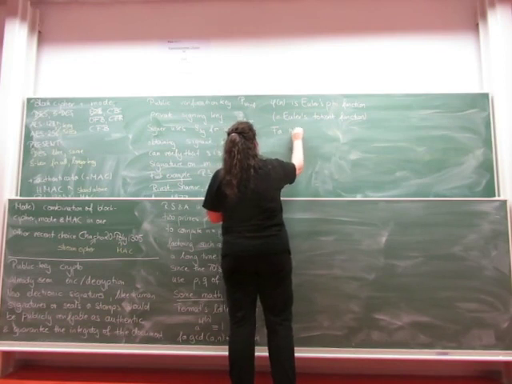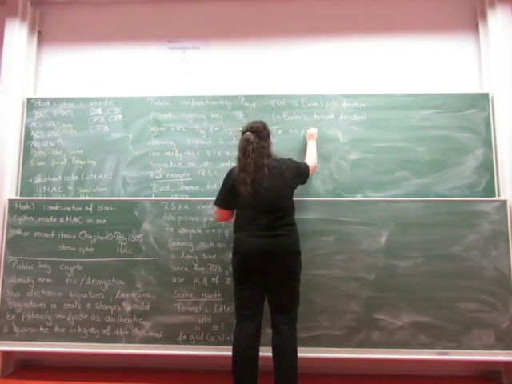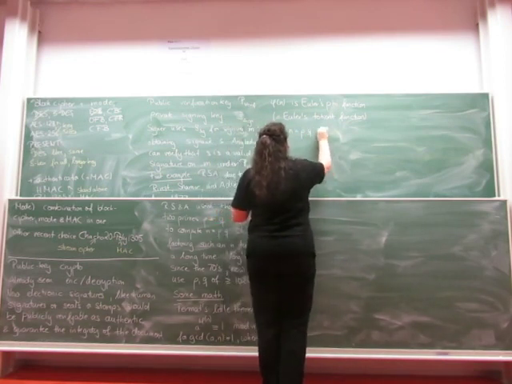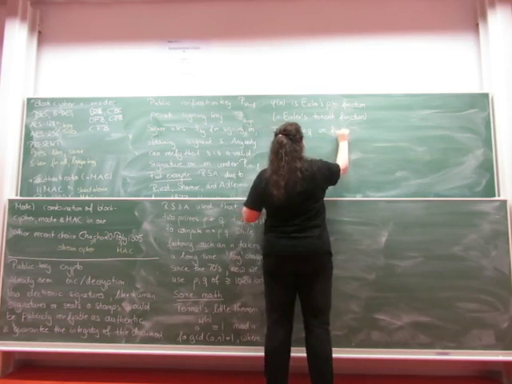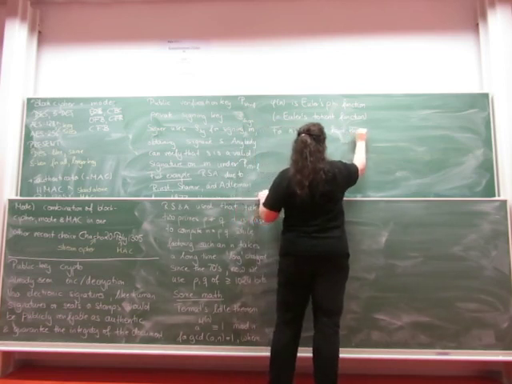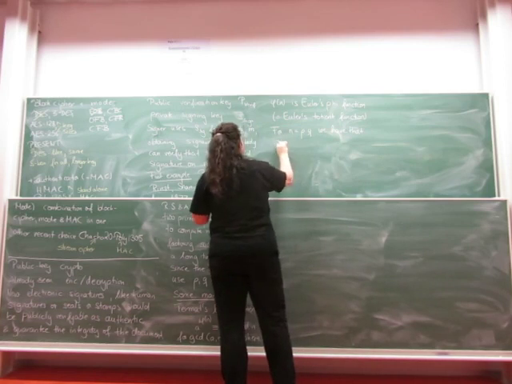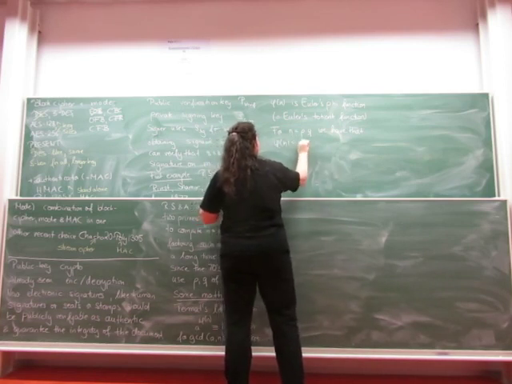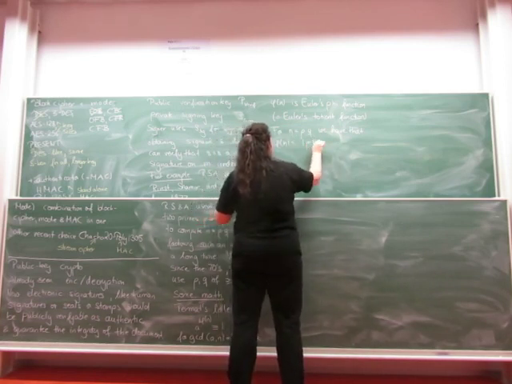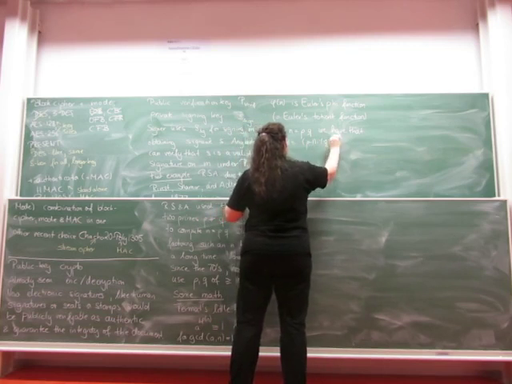So for n equals p times q, we have that phi of n is equal to (p minus 1) times (q minus 1).